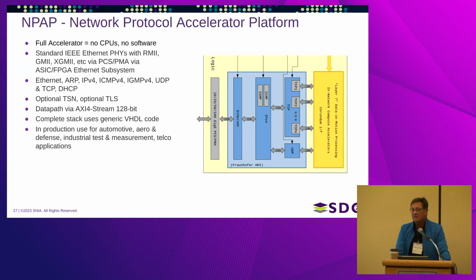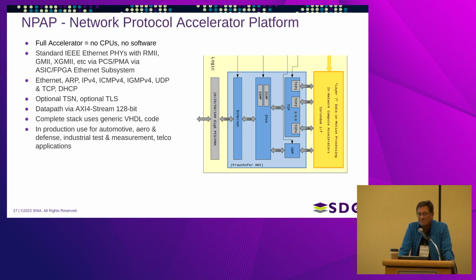Second aspect is we're really looking at Homa for implementing this into what we call our network protocol accelerator platform. Again, that network protocol accelerator platform, it's a digital circuit implementation. The Fraunhofer guys, in about 2010, when they started their work, they were eyeing ASIC implementation, but it's pretty generic RTL code, so we can port it to pretty much any FPGA, and we've done so.